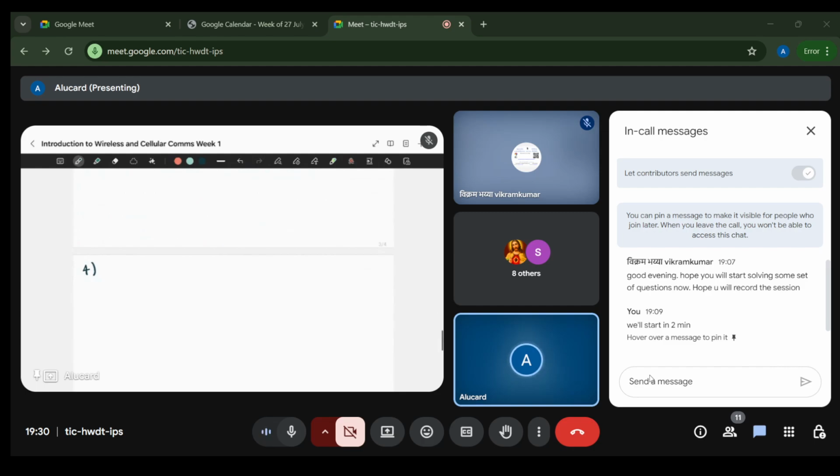Question 4. A 16 QAM constellation is given below.